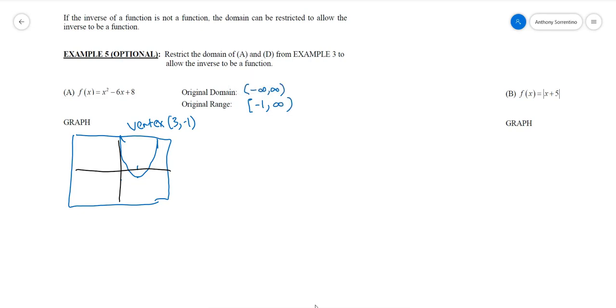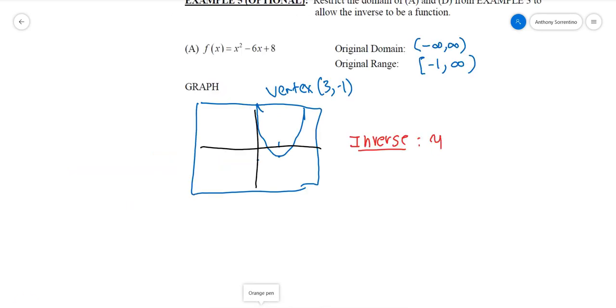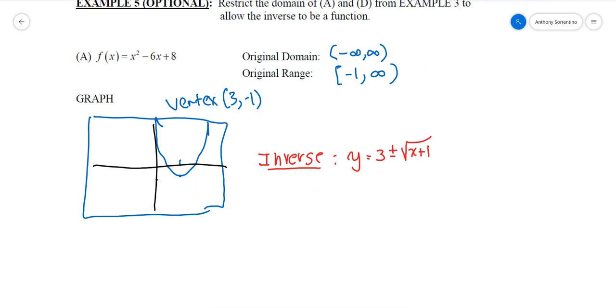And when we did the inverse of this, going back to the inverse, we came up with this. From our previous work, y equals 3 plus or minus the square root of x plus 1.